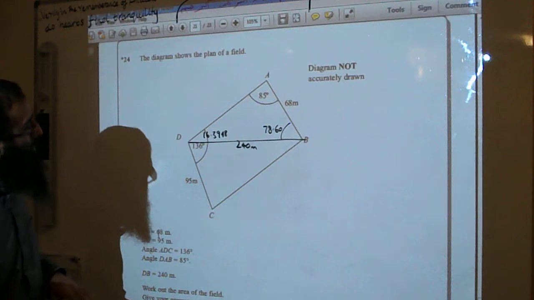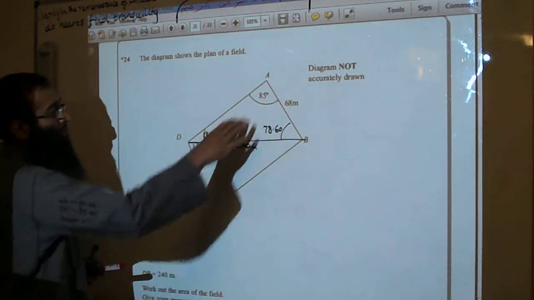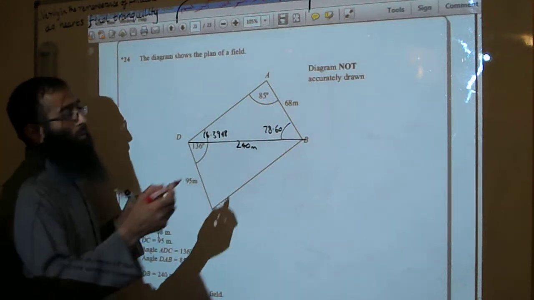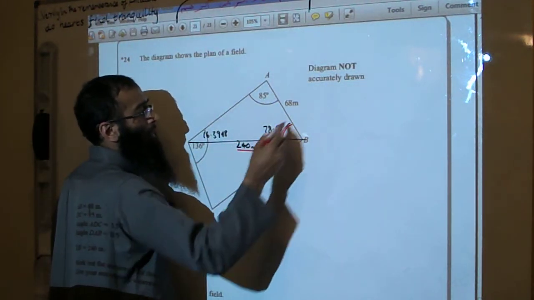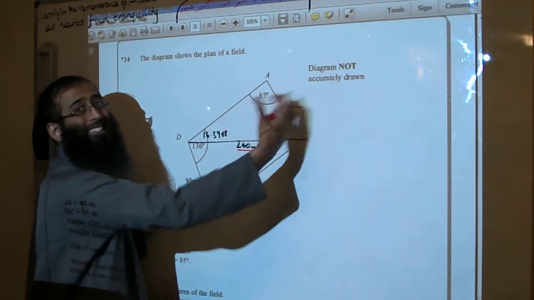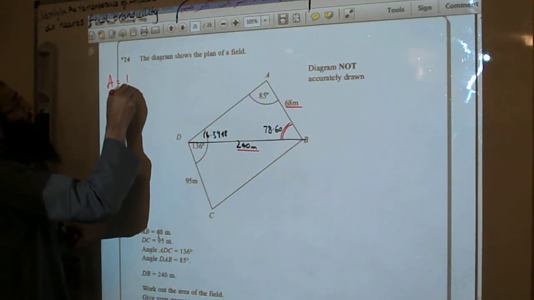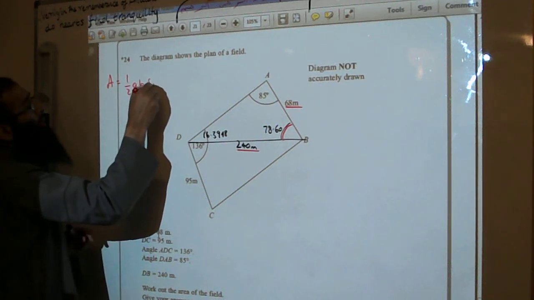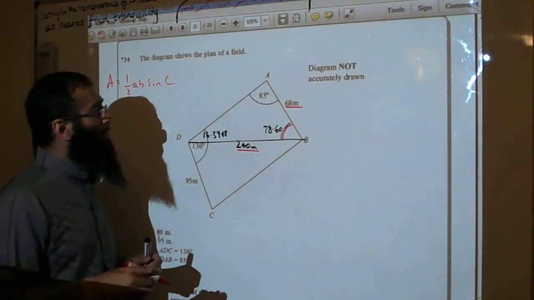Now, as I said before, in order for us to look at the area of this field, we need to know an angle and its adjacent sides. So we can use the area equals half ab sin C formula for working out the area of non-right angle triangles.